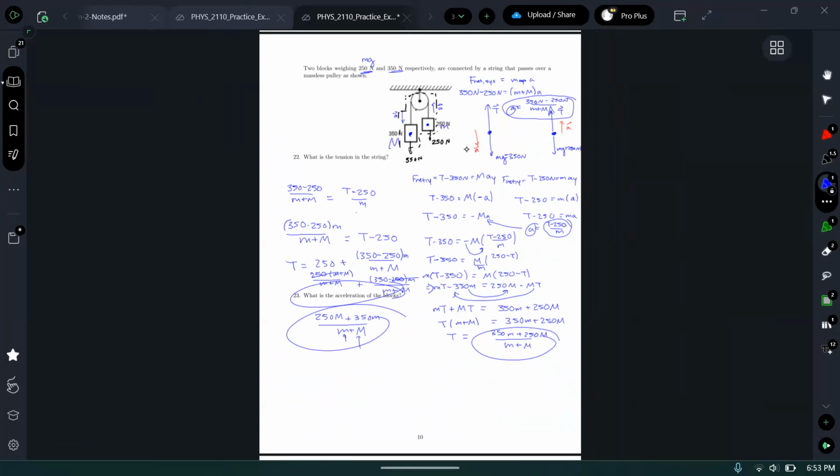To actually get what those numbers are, we know that weight is mass times gravitational acceleration. I'm going the other way here. Mass is weight divided by gravitational acceleration. So for the big block, that would be 350 over 9.8. Whatever that number is, that's the mass of the big block. For the little block, it's 250 over 9.8. Oh, okay. So you just store that into M.